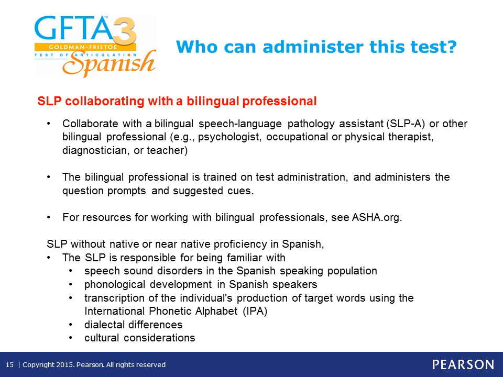After testing, you and the bilingual professional should discuss what occurred during the assessment session, review the individual's responses with the bilingual professional, and with the help of this professional, present the results to the individual if he or she is an adult, or to the individual's primary caregivers.